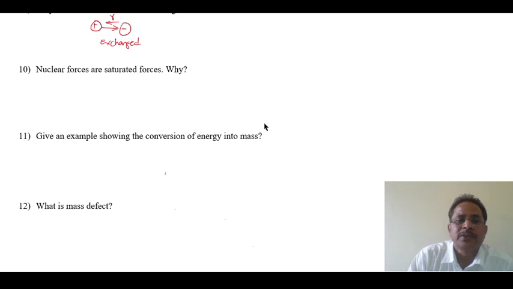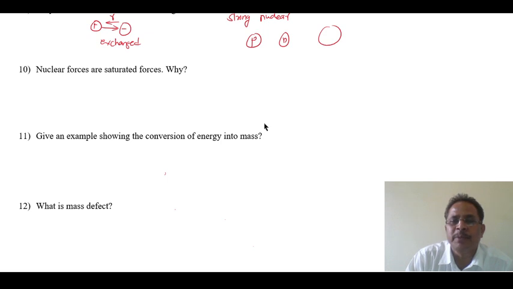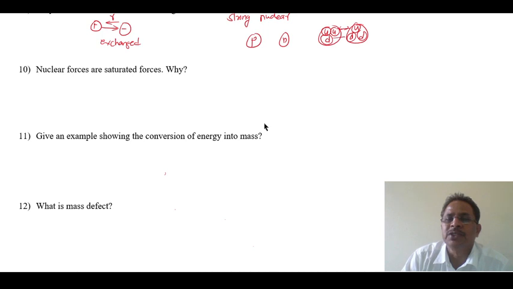Now in case of the strong nuclear force between this proton and neutron, actually these protons and neutrons are made up of, in the bigger picture, three quarks: U and D, and here U, D and D. Now these quarks undergo this type of strong interaction, and there is an exchange between these quarks. So between these quarks and these quarks there is a continuous exchange, and these particles are called gluons.